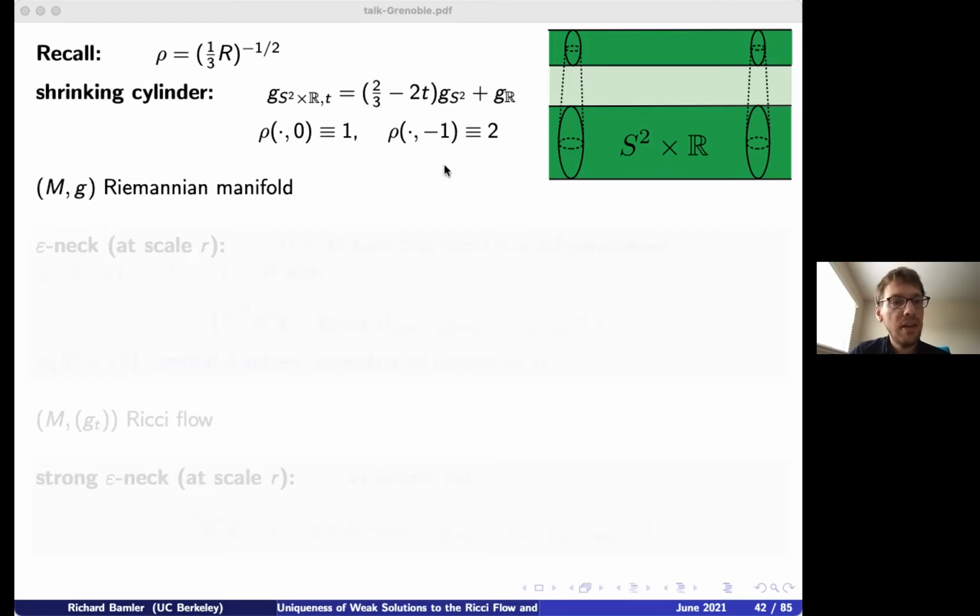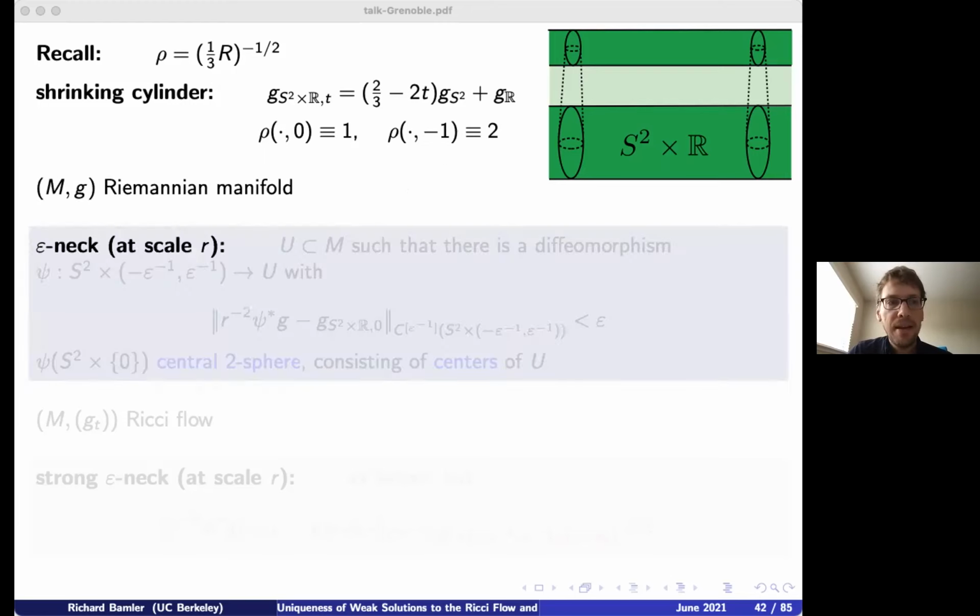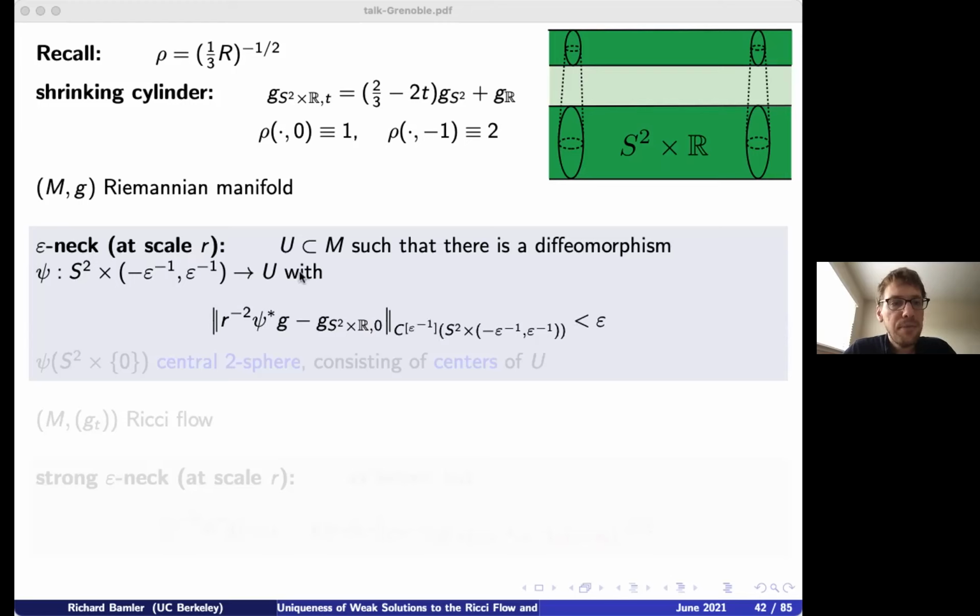Okay, so now let's consider a Riemannian manifold. Then I want to say what an epsilon neck is. An epsilon neck is defined to be an open subset U of M such that there is a diffeomorphism from a piece of a cylinder, S^2 × (-1/epsilon, 1/epsilon), onto U, such that if we pull back the metric g on the manifold and rescale it by r^-2, then we're epsilon close to the cylindrical metric of scale 1, in some large C^k norm.